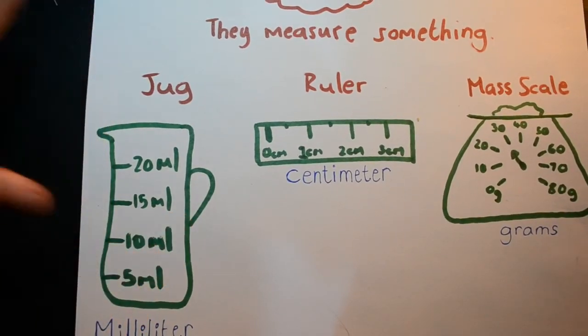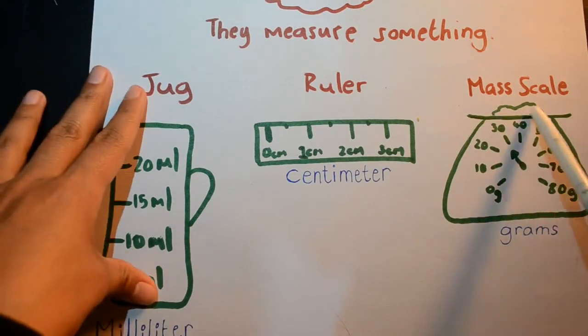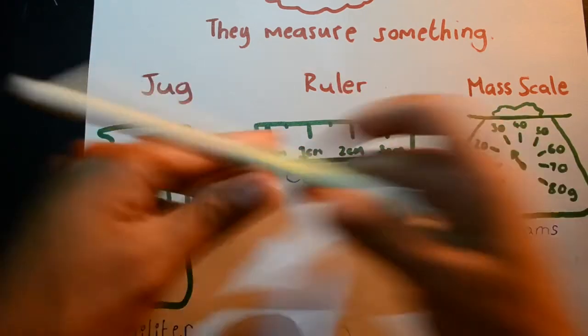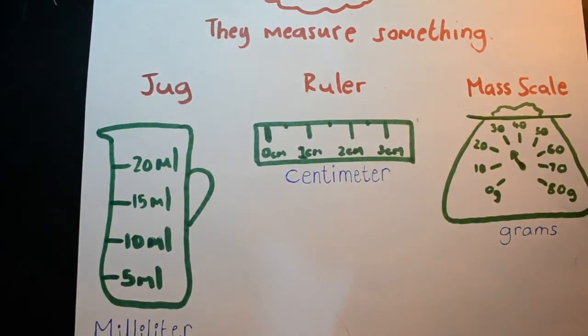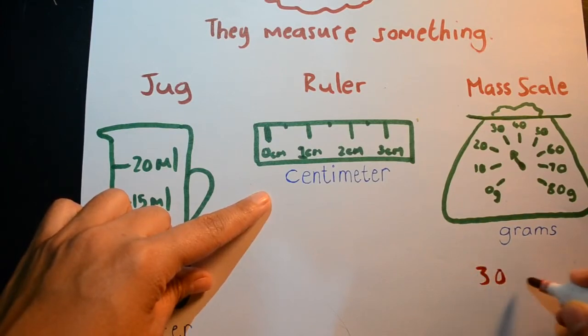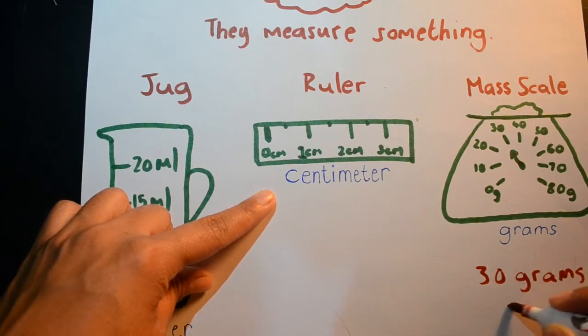On a scale, let's say we're measuring this and we put something on there and the arrow points to the 30. I would say that this is 30 grams. And in short, you just say 30 g.